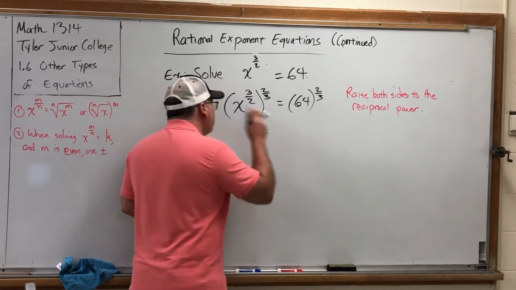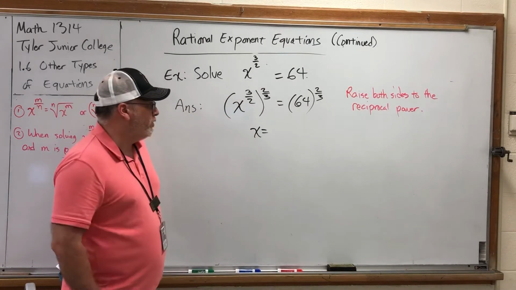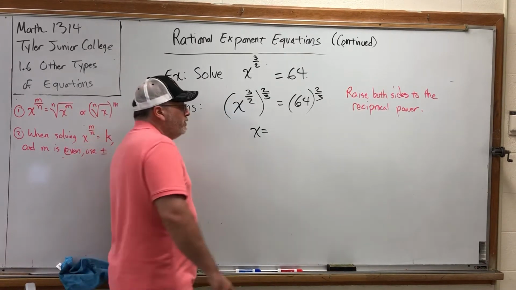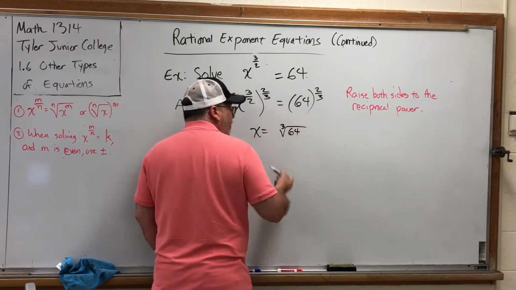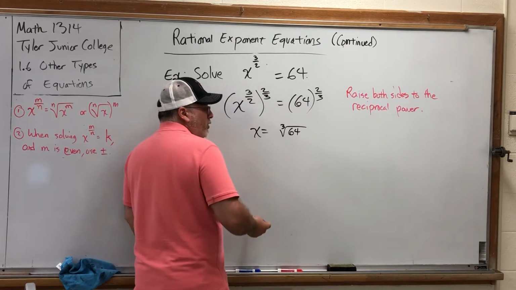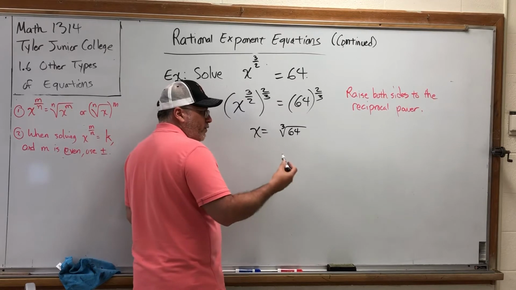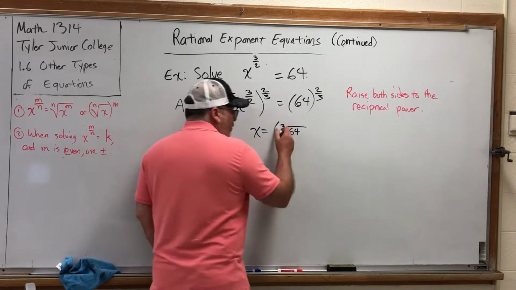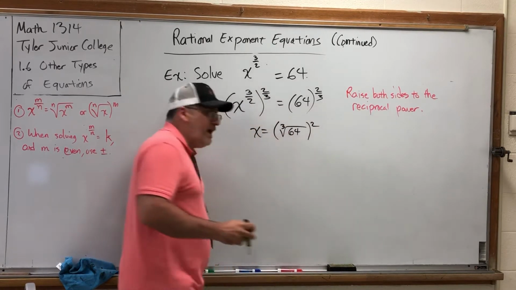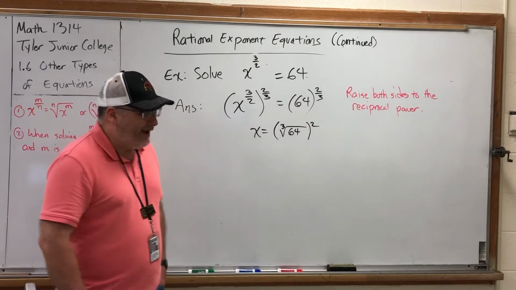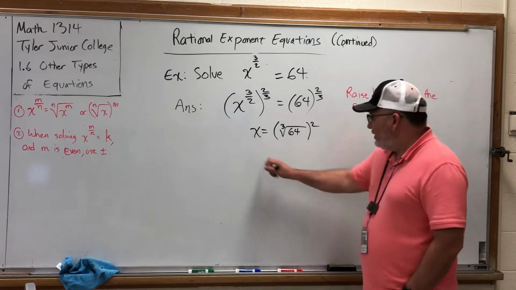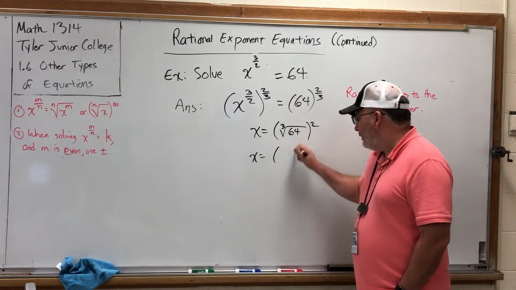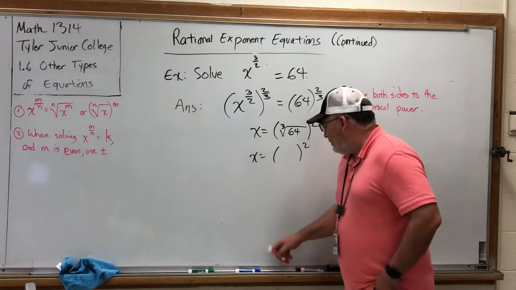Now, as far as 64 to the 2/3 power, the 3 means a cube root, so we'll do a cube root of 64. The 2 means a second power. We can either put it on the 64 inside the radical or outside the radical after we do the cube root. I opt for the second. So what is the cube root of 64? Well, let's think about it.